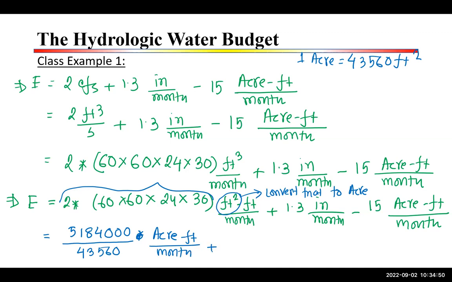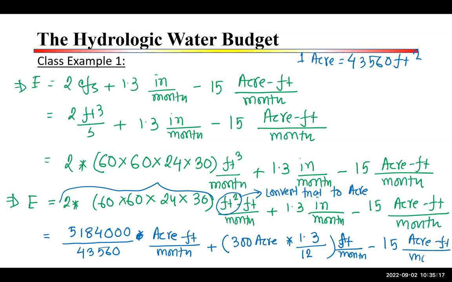Now, as I said, 1.3 inch is just the depth, but I need what? 300 acre times 1.3. I can't work with inch here, so divide by 12 to get feet per month, minus 15 acre feet per month.